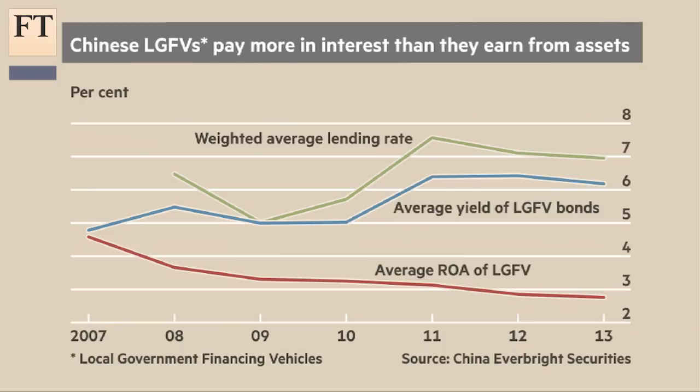There are about 10,000 or more local government financing vehicles across China. They are a huge driver of infrastructure investment. They're the ones that build the roads, the highways, the bridges, the ports, etc. And what we're seeing here is that it simply isn't economic for these LGFVs to invest in infrastructure these days, because they're getting an average return on their assets of around 3%, as shown on the chart, whereas they're paying out in interest on their loans about 6.5 to 7%.